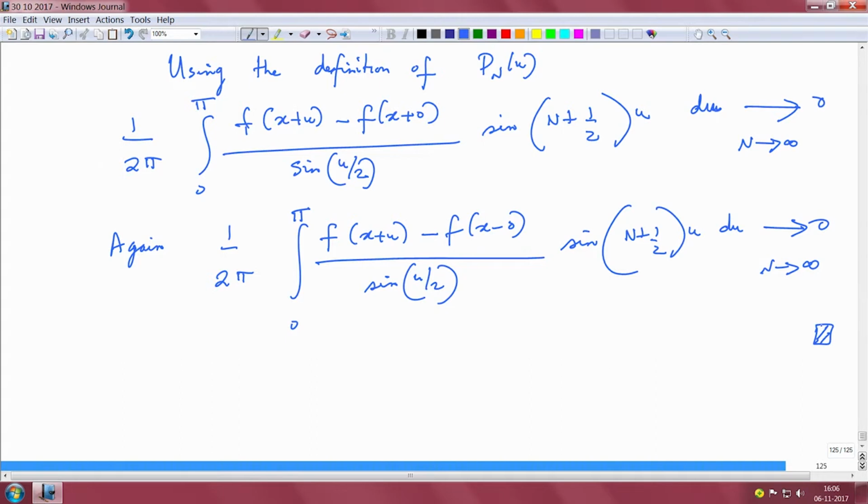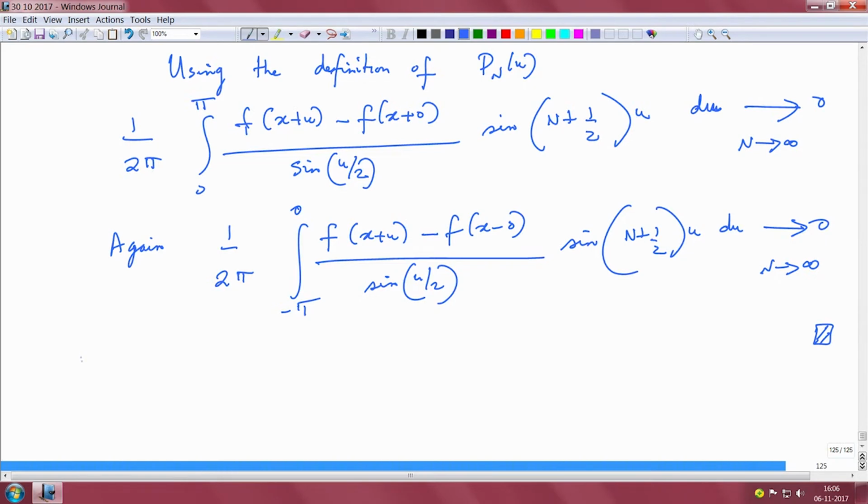So therefore this theorem is established. So you could put the limit here basically from minus pi to plus pi, just the same thing. It is symmetric, so you take the limit from minus pi to 0, and here you take the limit from 0 to pi. This establishes this result.